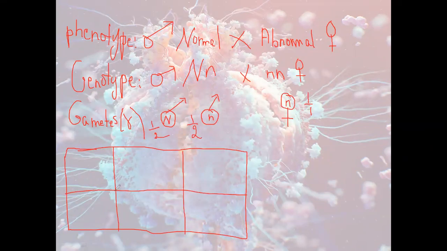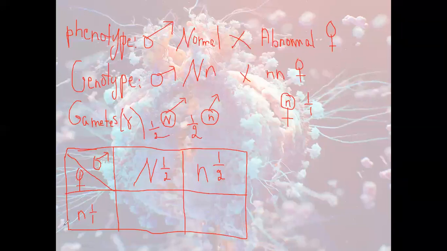Male has N capital, which is half, and n small, which is half. And here it's only n small, 1 over 1. So N capital times n small will be N capital n small, 1 over 2 times 1 over 1 will be 1 over 2, and n small n small will be also 1 over 2.